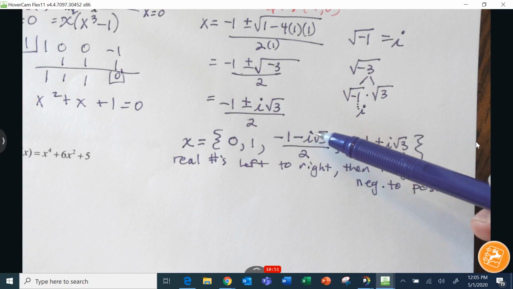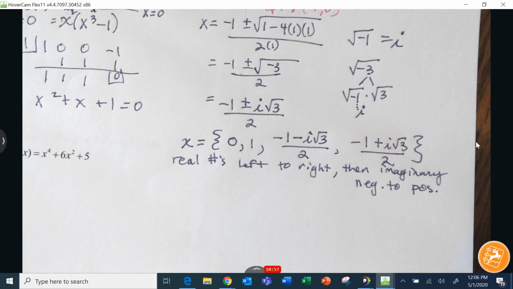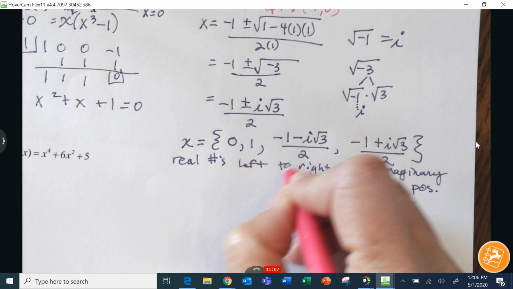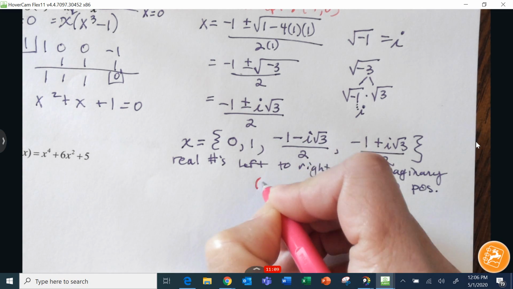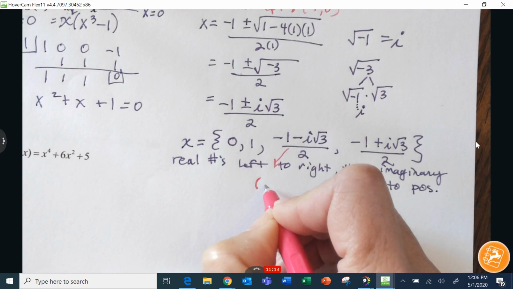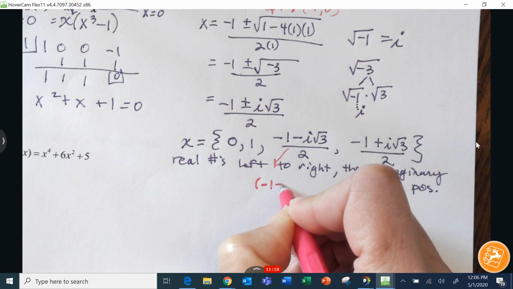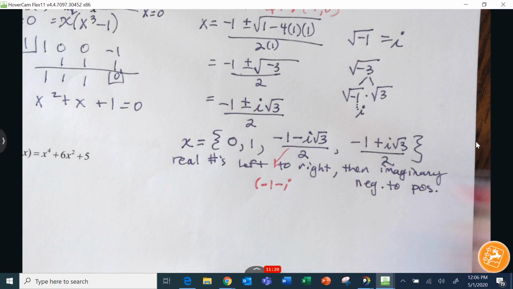To type this in to Canvas, since we don't have an equation editor on Canvas, it's not very user-friendly in that aspect. You'd have to do a parenthesis. I'm just going to write it down how I would type it in. I would do a parenthesis, then negative 1 minus, and you will go ahead and just put an i.